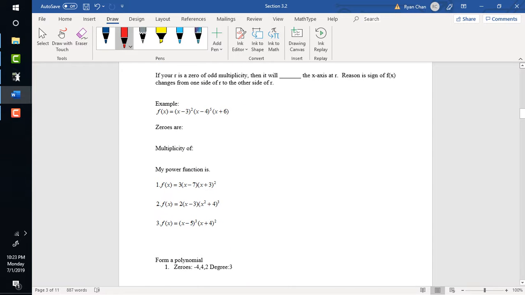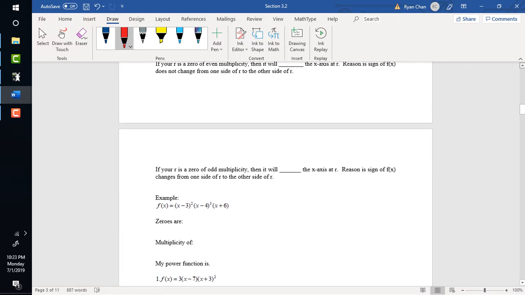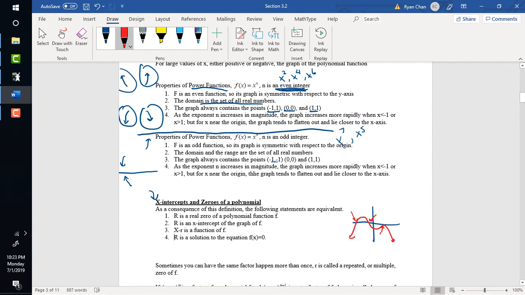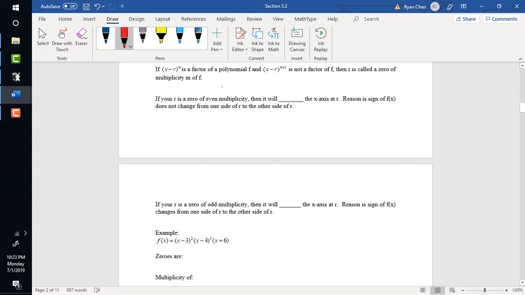Sorry, let me go back up. If I have an even multiplicity, like 2 or 4 or 6 or 8, then it will touch the x-axis at that zero. But if I have an odd multiplicity, it will cross.